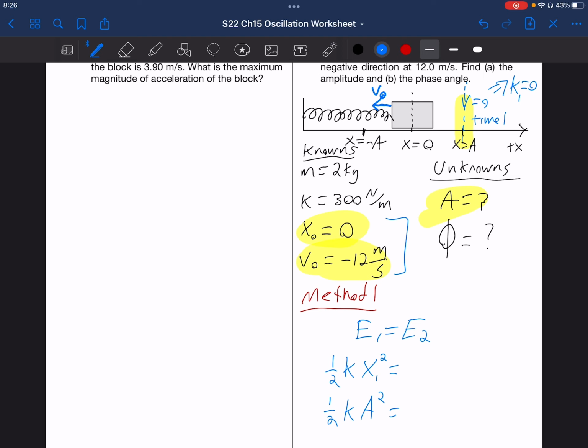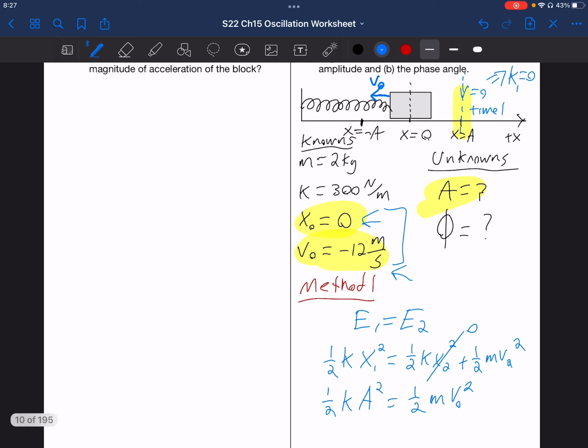So if that's the case, this is my total energy at time 2. I have elastic potential energy plus kinetic energy, but my elastic potential energy goes to 0 because I'm at my equilibrium point. My x is 0, and so all my energy is in kinetic, and my velocity is this max velocity, or my velocity at that moment.